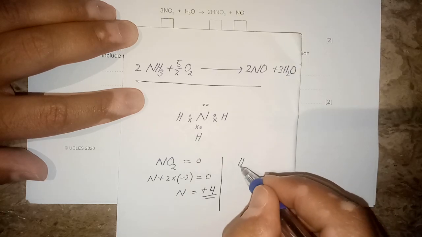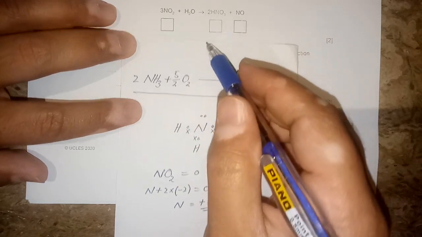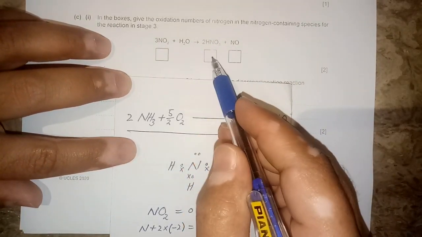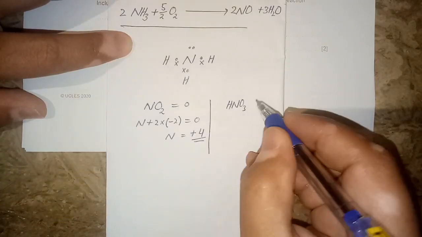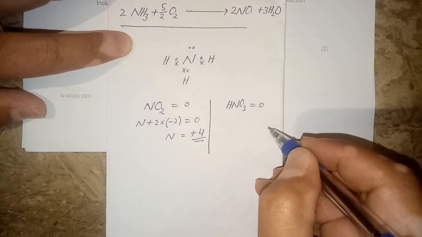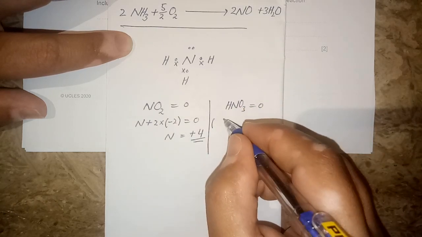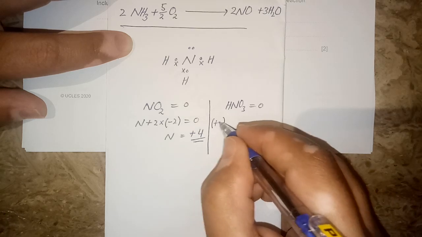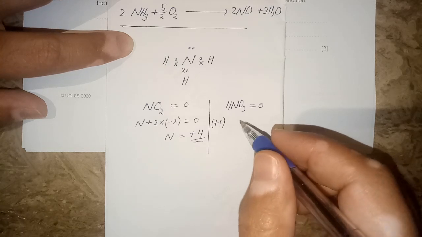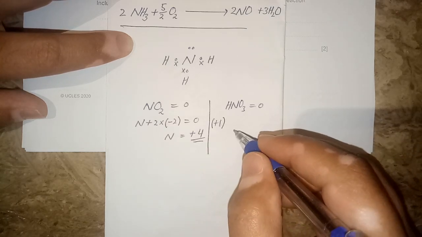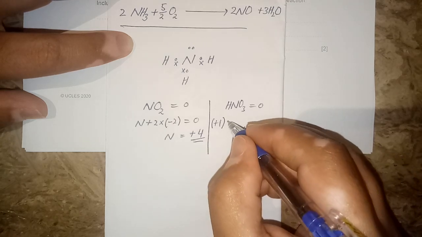Then in HNO3, and also remember the balancing numbers are not included in the calculation of the oxidation states. So HNO3 is again a neutral molecule, so the sum of all the oxidation states must be 0. Here we have 1 hydrogen which we put as +1, as in all compounds hydrogen has the oxidation state of +1 except in hydrogen that is bonded with metals.